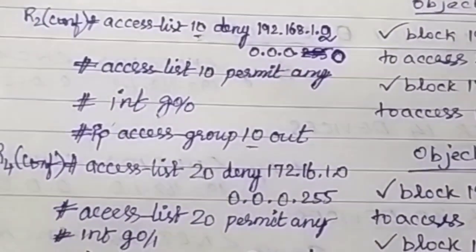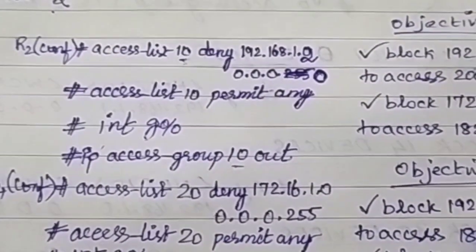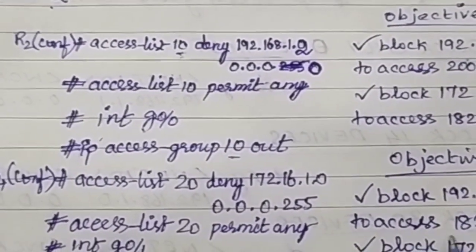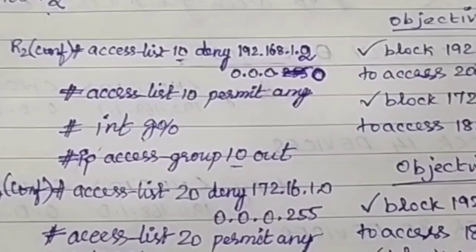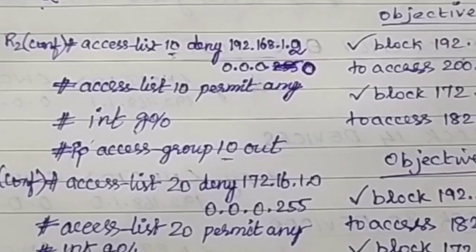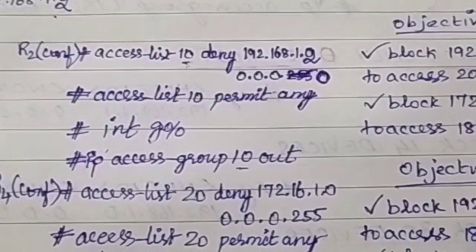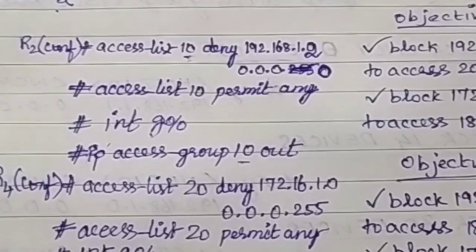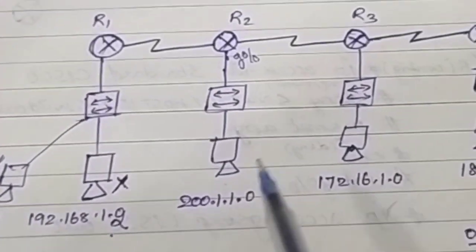So next one, objective number 2: block the 192 network and the 172 network from accessing the 182 network. See the topology.